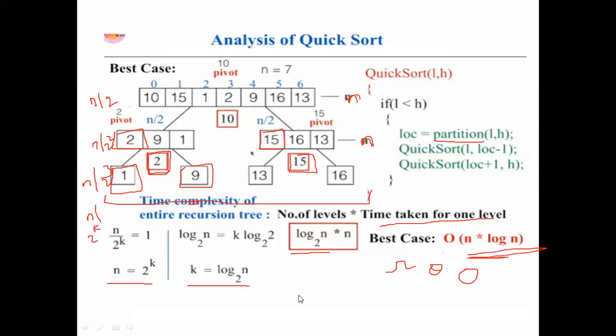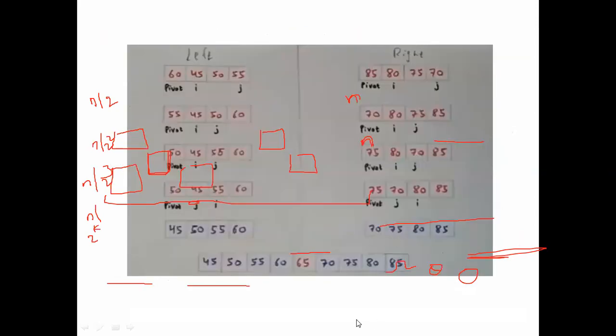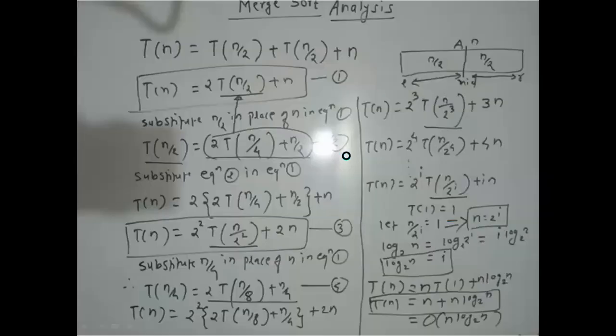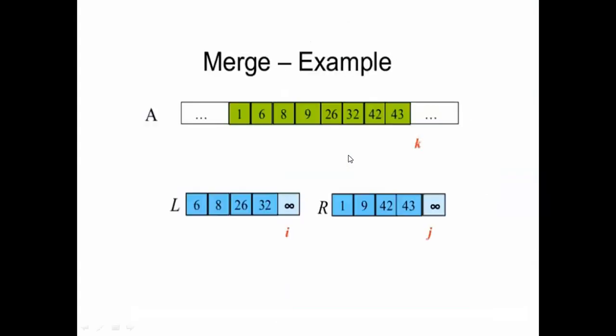Now we move to the worst case. Before that, someone asked about the merge sort algorithm. Merge sort also uses the technique we call the divide and conquer method.